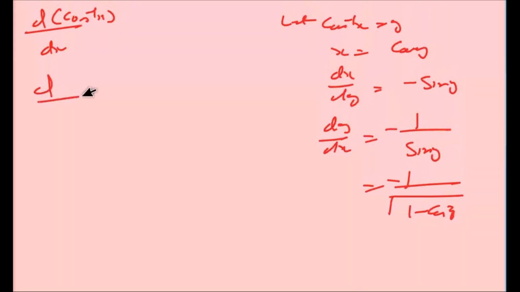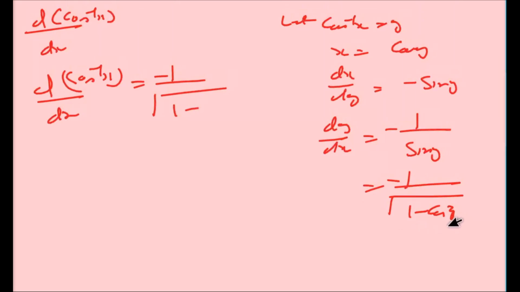So the differential of cos inverse x is minus 1 upon under root 1 minus x square, since cos y is x.